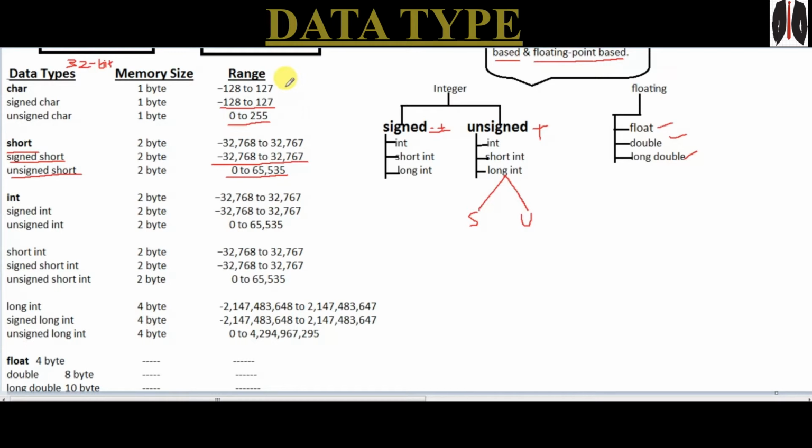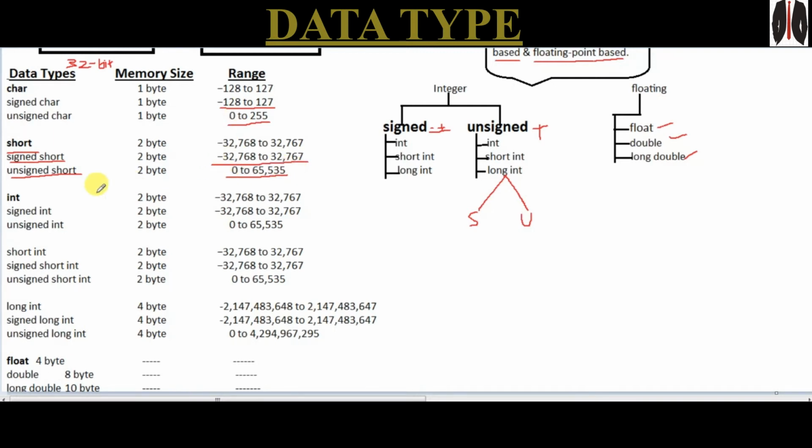Range means the limit when we put a value, like when we define a short. Taking unsigned short as an example, the range is 0 to 65,535. It means you can give a value no more than that. If you give a value more than that, it repeats or is out of range, and the compiler does not accept a value that is out of range.